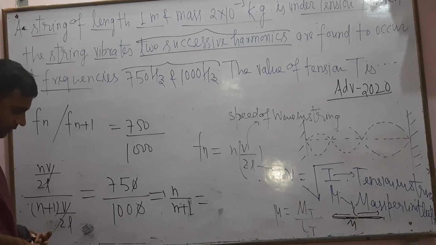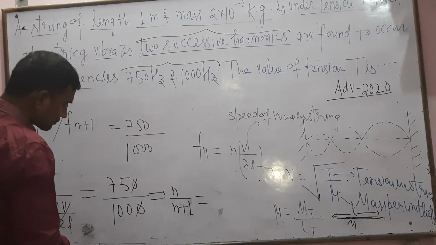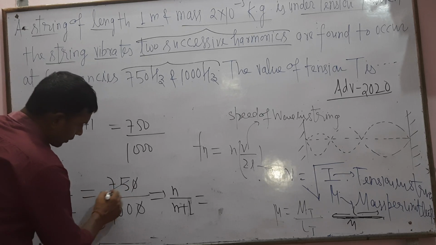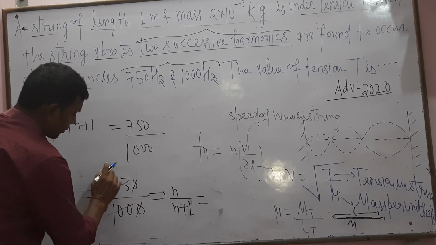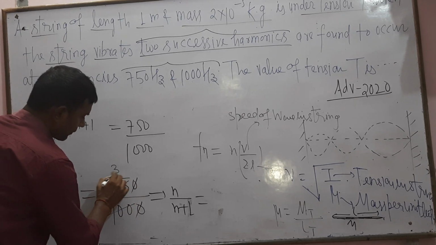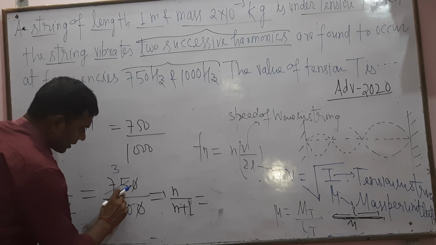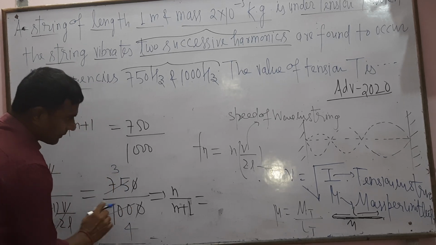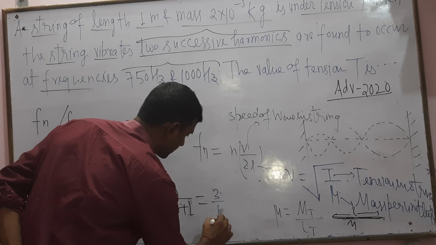Cancelling out, 75 divided by 100 is 3 by 4. This number equals 3 by 4.